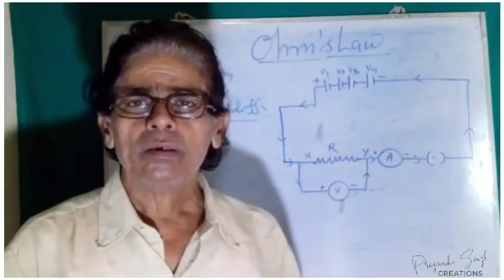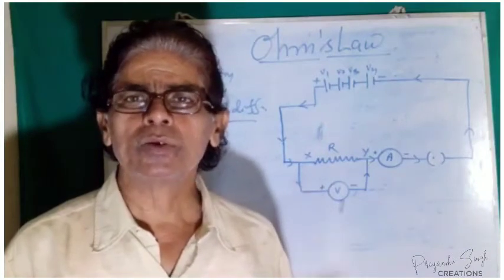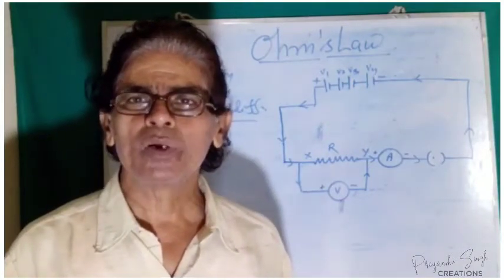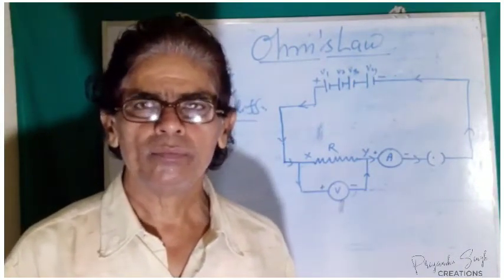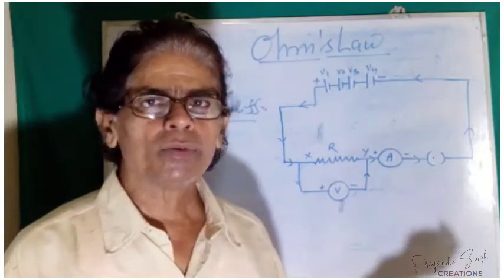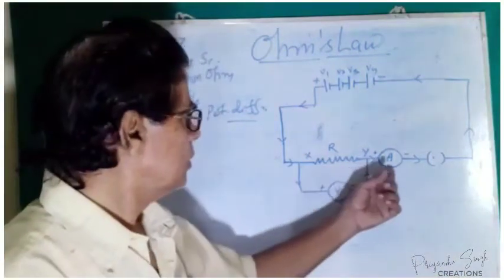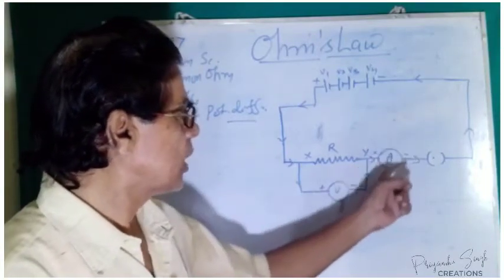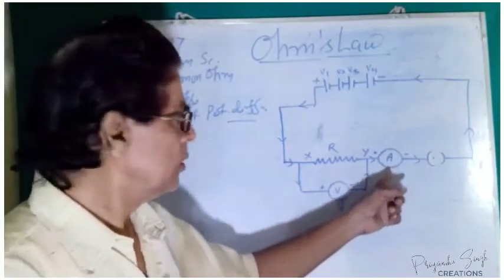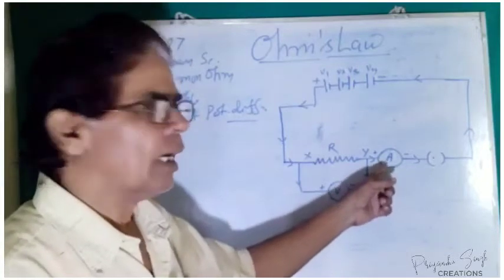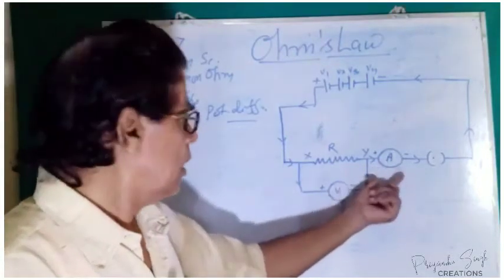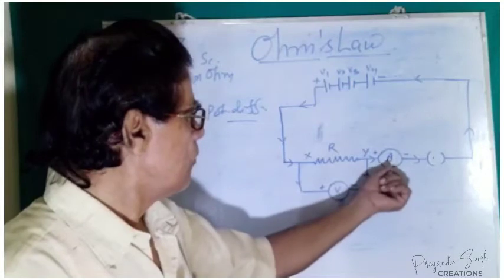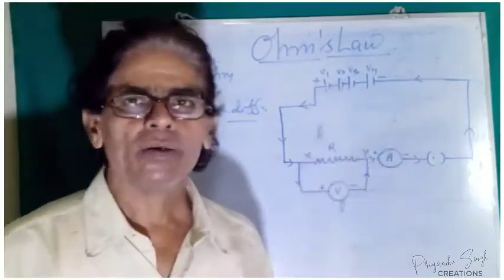When a single cell having potential difference V1 is used, we observe the electric current passing through the circuit, which is measured by reading the ammeter.